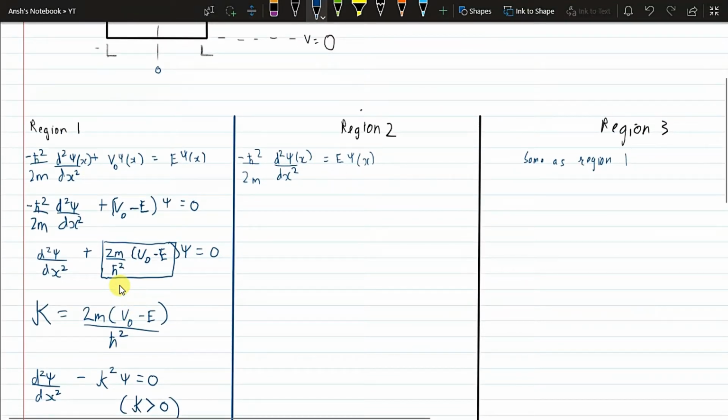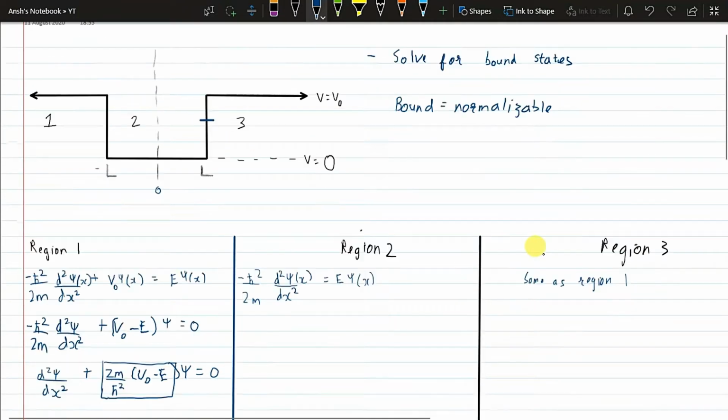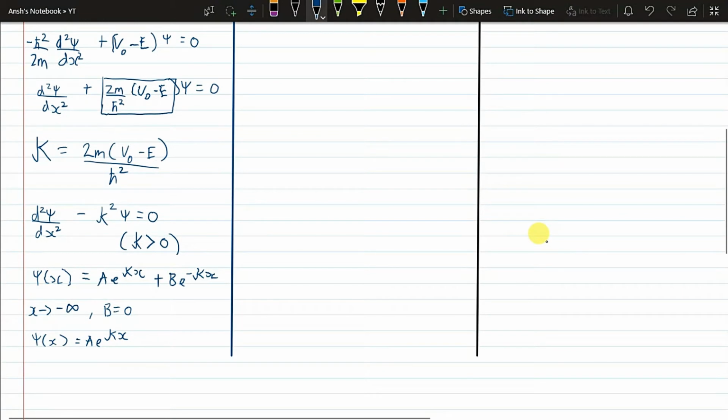Now similarly for region 3, since region 3 is also at a similar potential as region 1, the solution will be of the same kind. I'll write down the solution straight away: it'll be E e raised to kappa x plus F e raised to minus kappa x.